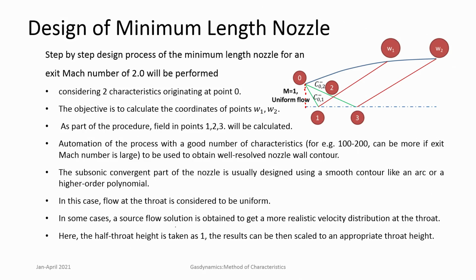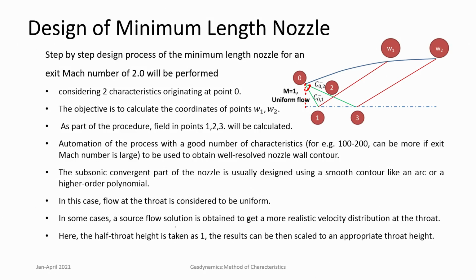We are just discussing that we have a uniform flow, and then we turn it by a Prandtl-Meyer expansion at a corner over here, and then look at designing a wall such that there will be no wave reflections at the wall. Therefore, at the end you will get a uniform flow.